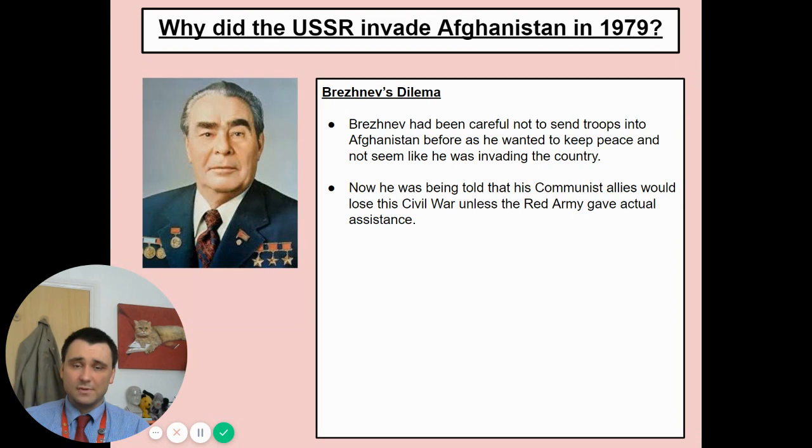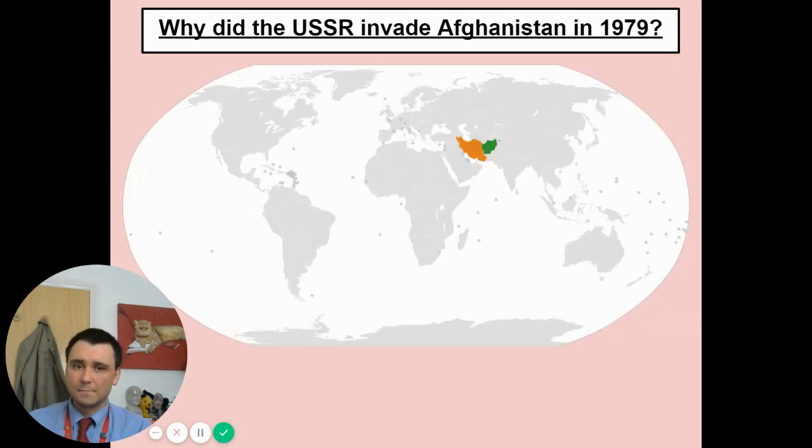But now he was being told by the Communist Party, the PDPA, that actually they would lose this civil war against the Mujahideen unless the Red Army gave actual assistance. Advisors and equipment wasn't enough. The Communist Party in Afghanistan needed the Red Army to join them to fight the Mujahideen. Now, this was more complicated because of what had been going on nearby.